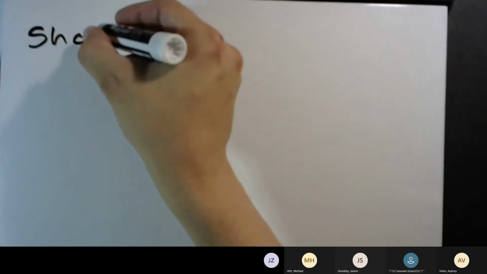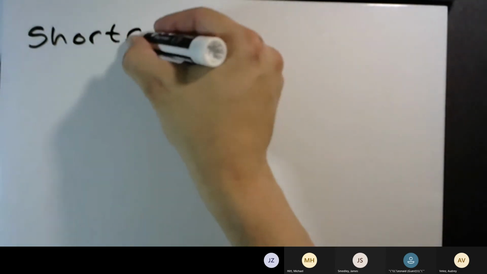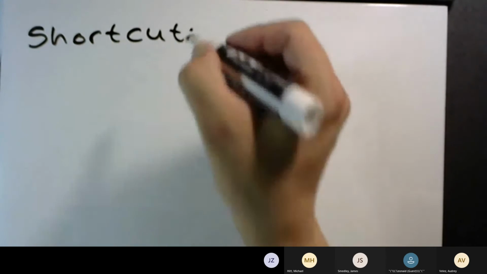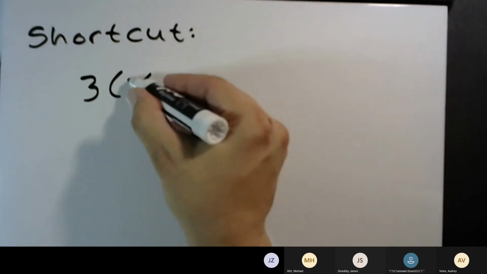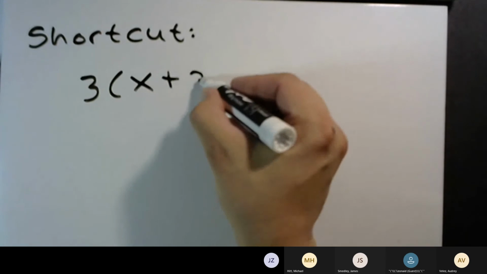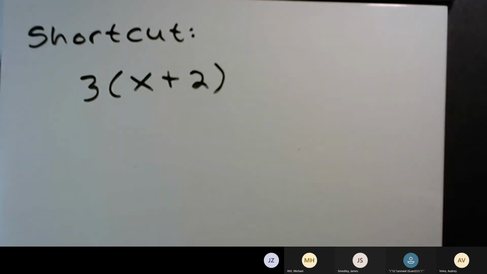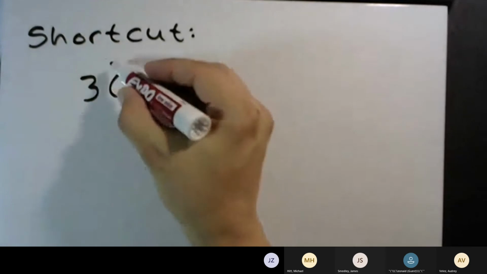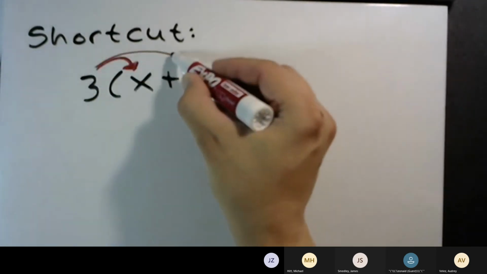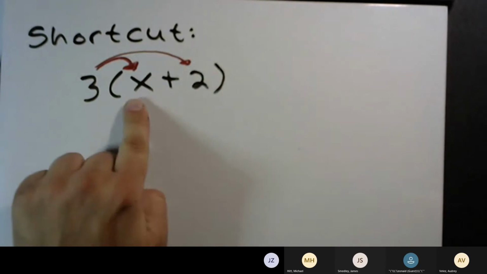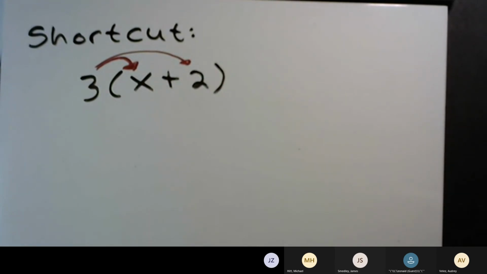So here's our shortcut. So you have 3 times x plus 2. So what we're going to do is distribute the 3 to each of the terms in the parentheses.